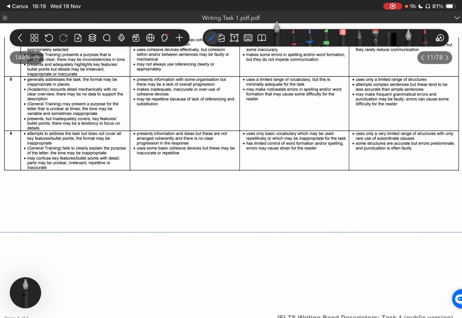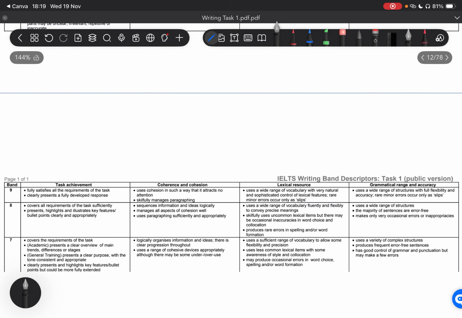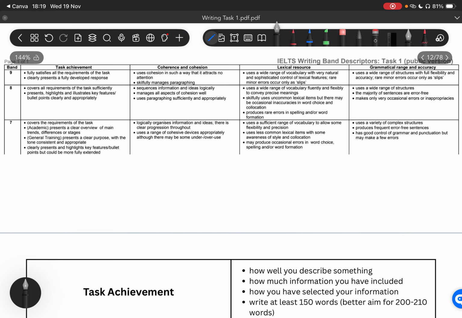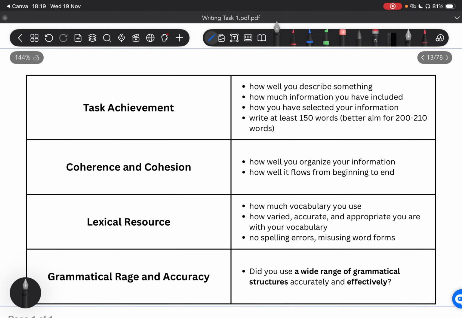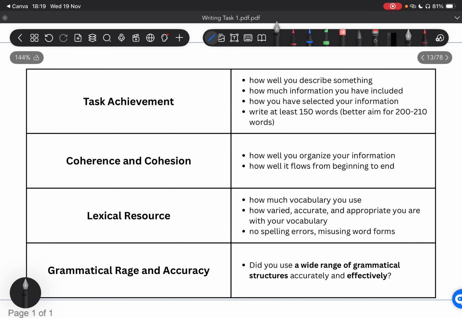All right, and now let's talk about the criteria one more time. So what is expected from us to do for each of them? For task achievement, it looks at how well you describe your graph and how much information you have included.